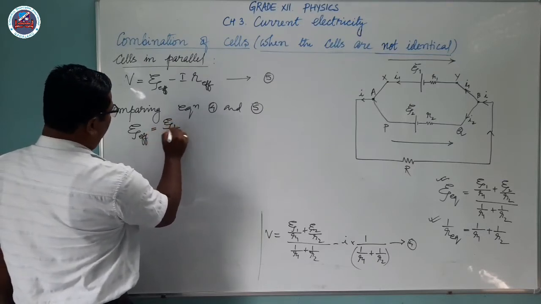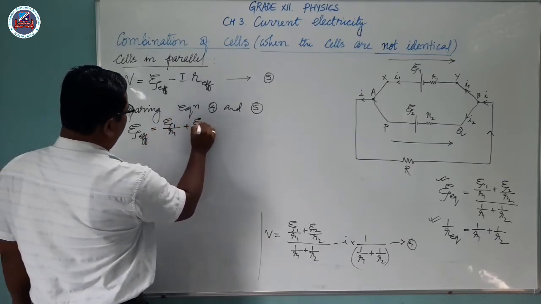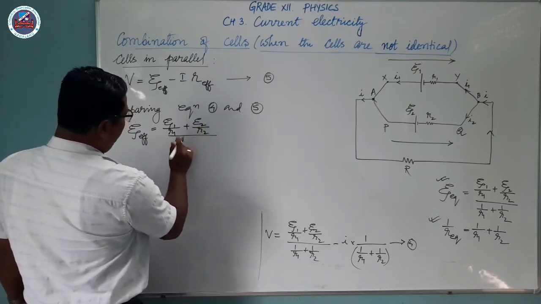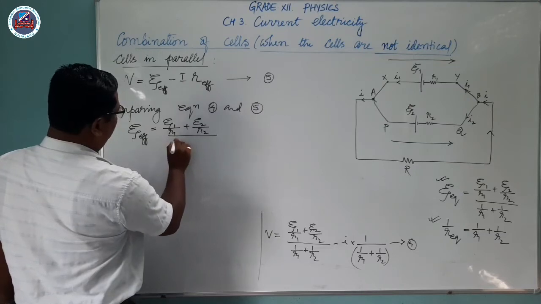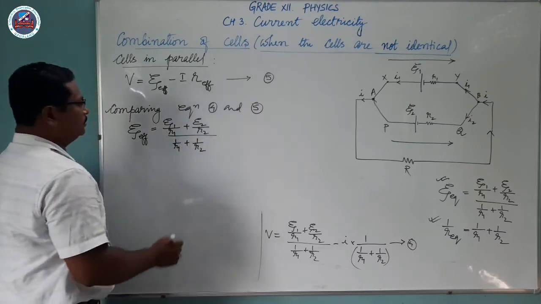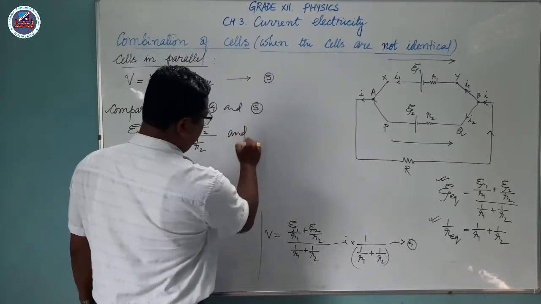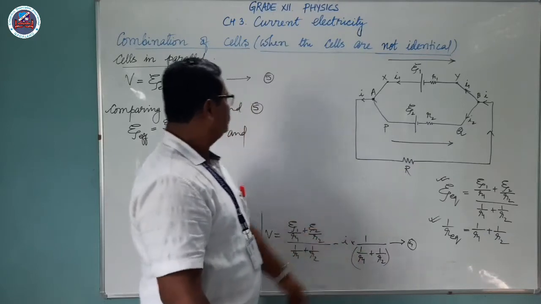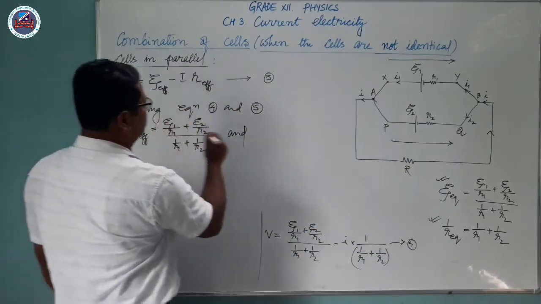epsilon 1 by R1 plus epsilon 2 by R2 divided by 1 by R1 plus 1 by R2, and this will be your effective or the equivalent resistance.